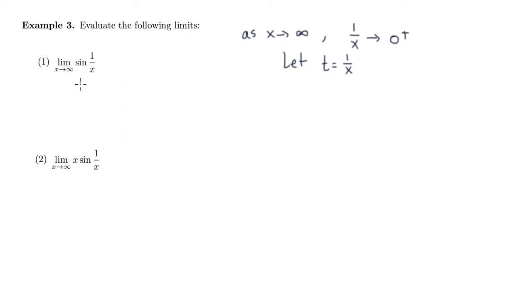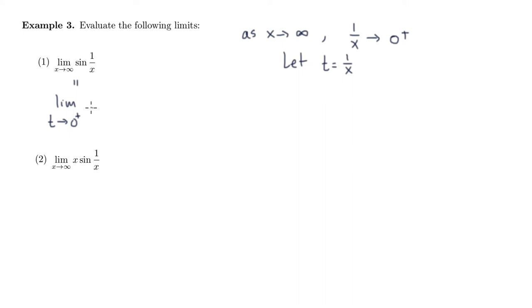So what I can do is write this as the limit as t approaches 0 from the right, because as x goes to infinity, t, which is 1 over x, is approaching 0 from the right. And then the argument is 1 over x, except I've let t equal 1 over x.